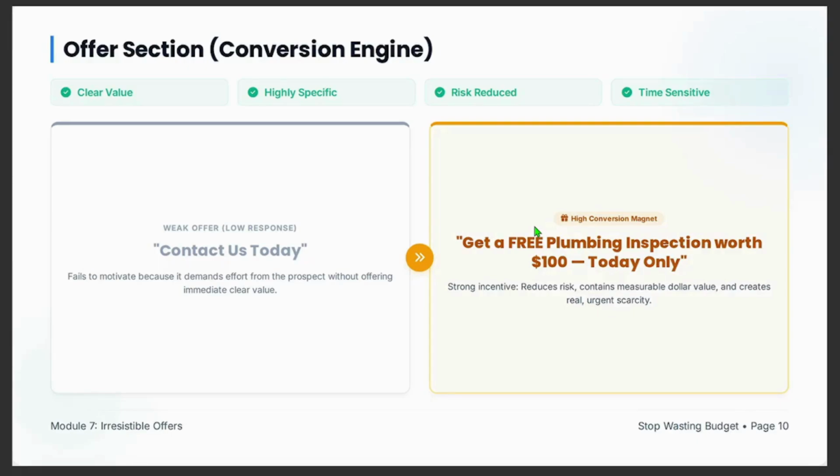See the difference. Your offer must be clear, specific, risk reduced, and time sensitive. When you give a strong offer, users feel urgency and take action immediately. So this is very important.